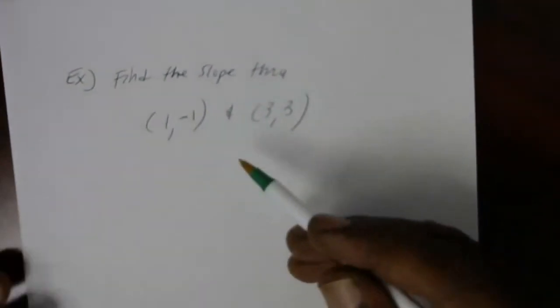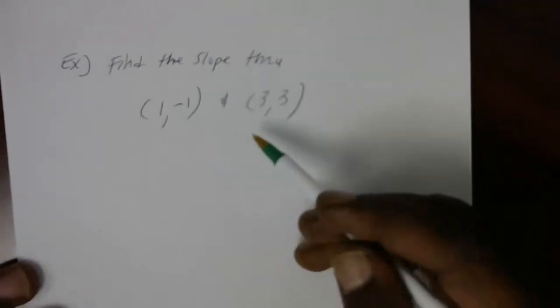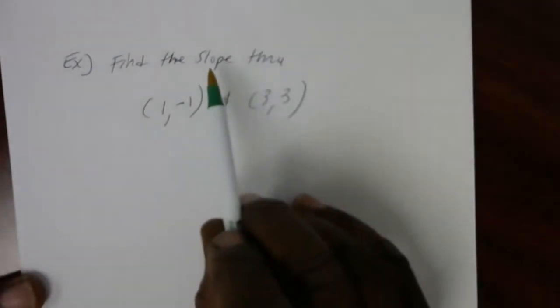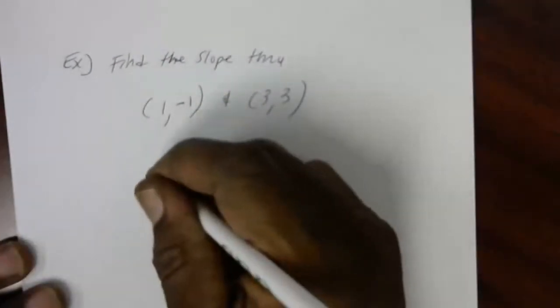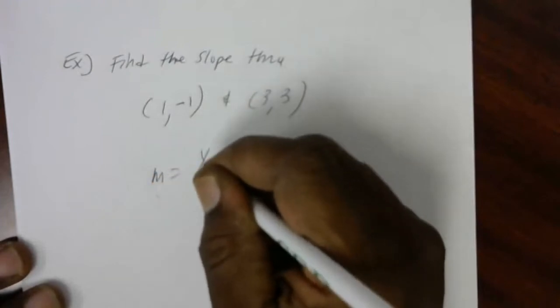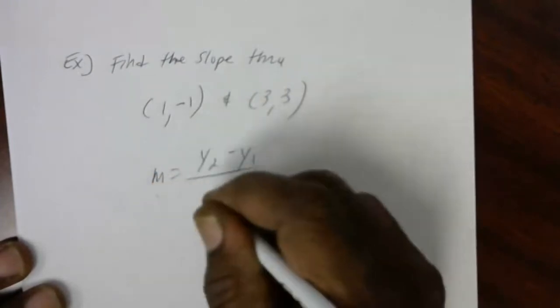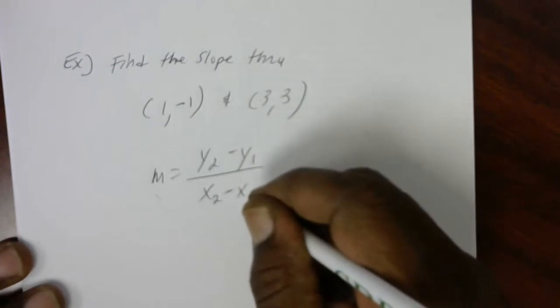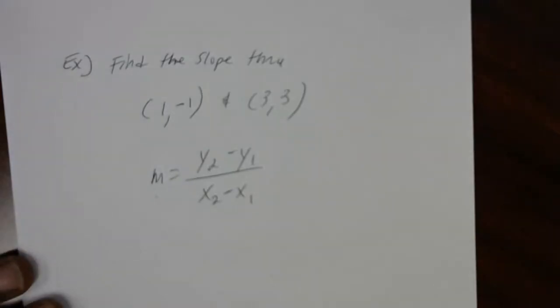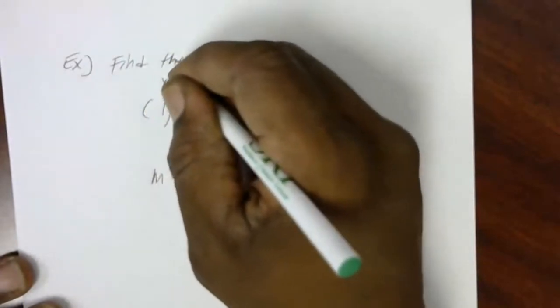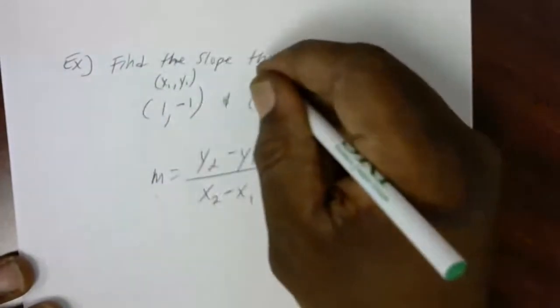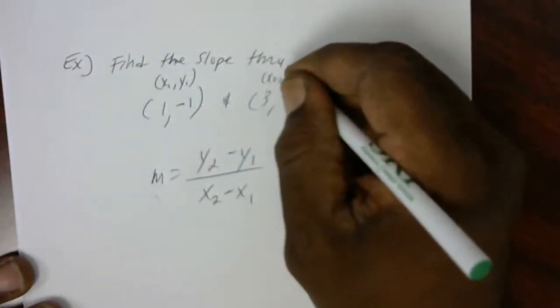Once again, I always like to write the formula that we're going to use. So we're finding the slope through 2 points, and our formula is y sub 2 minus y sub 1 divided by x sub 2 minus x sub 1. I'm going to label my points as x1, y1, x2, y2.